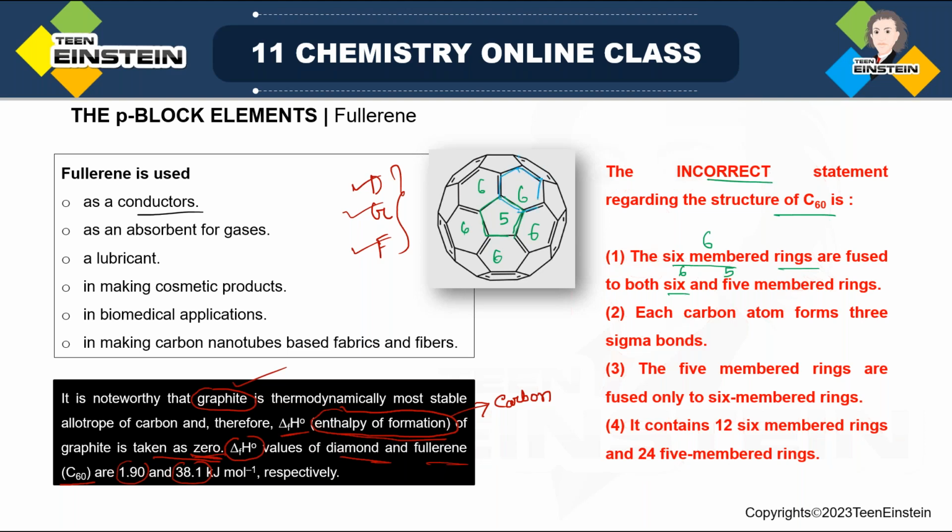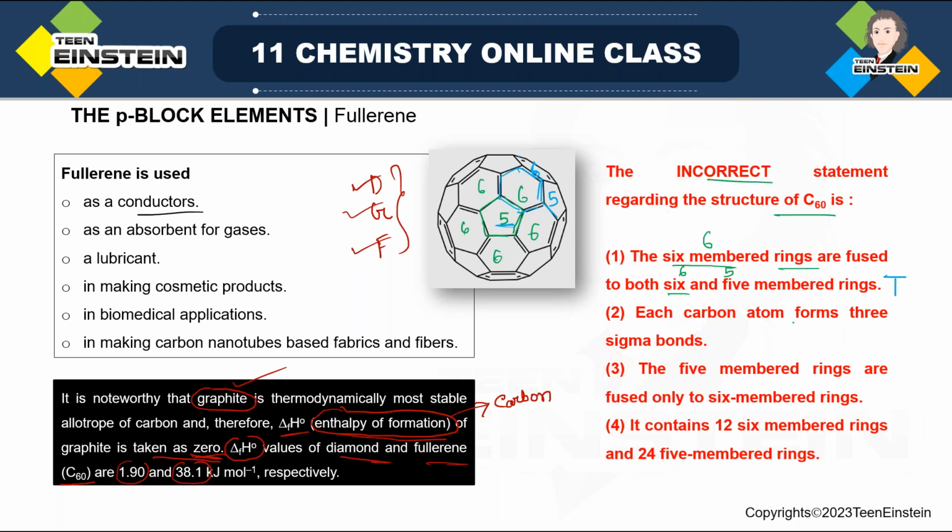Surrounding this 6-membered ring, you can see there is also a 5-membered ring, and on the other side there is a 6-membered ring. That means a 6-membered ring is fused by both 6- as well as 5-membered rings. But if you are considering 5-membered rings, then each is surrounded only by 6-membered rings. So the first statement, saying that 6-membered rings are fused to both 6 and 5, is actually a true statement, right?